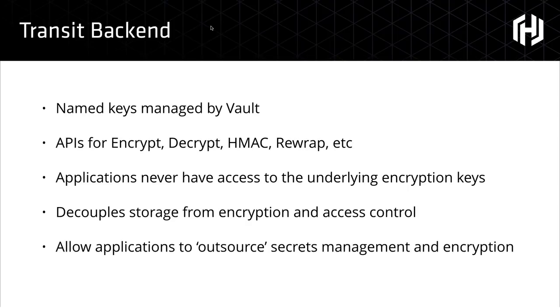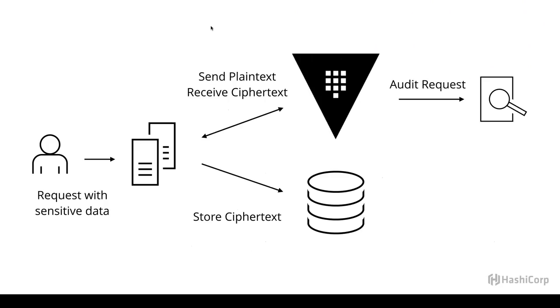So data can now be encrypted and the keys managed by Vault, but then the ultimate data that is generated, the sensitive data, can be decoupled from Vault and stored in our traditional databases or Hadoop or other mechanisms for storing potentially a very large number of records. This lets our applications outsource some of the heavy-duty challenges of secret management and encryption to Vault.